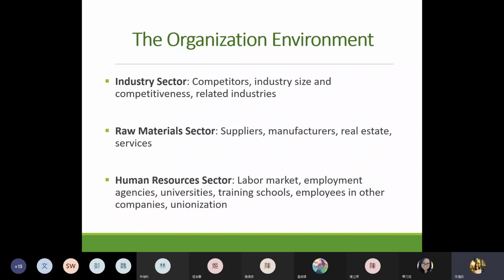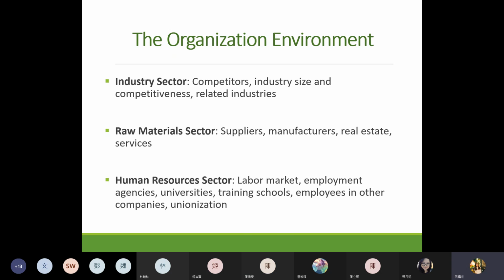Whose regulation and strategy will influence the organization? Like the human resource manager, when they set the regulation, when they decide if the employees need to work from home or not.